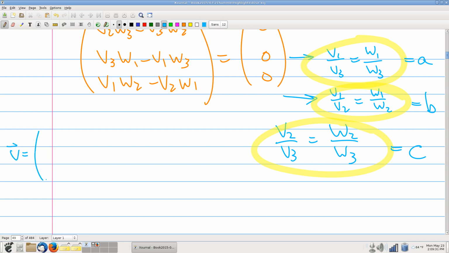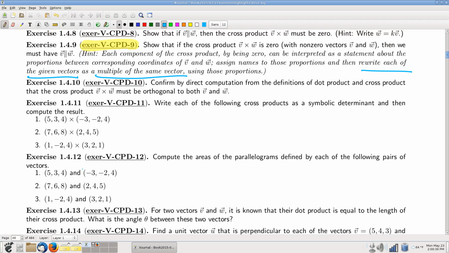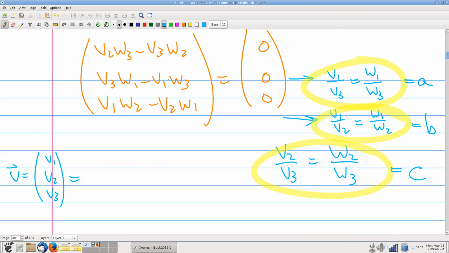V is V1, V2, V3. Let me remind myself, the hint says to rewrite as a multiple of some vector using these proportions. So again, just doing what I'm told. How can I incorporate A or B or C into any of this?